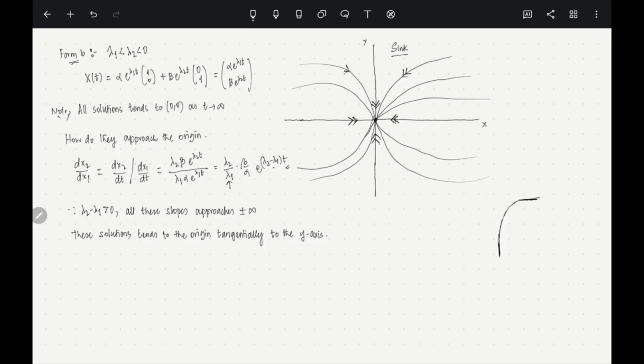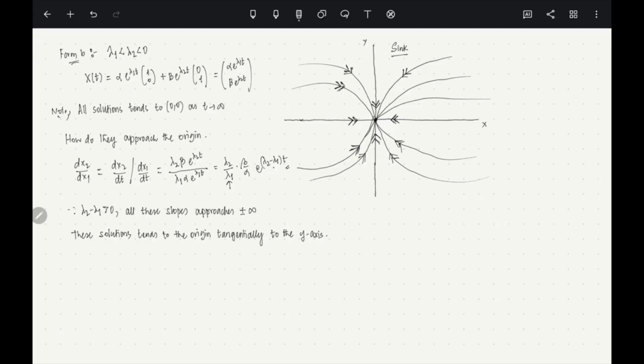Everything is going towards the origin. So the arrow looks like this. I hope the idea is clear here, what is happening. Okay, see, this and this. Is it okay? The picture is not very pretty, but you do realize what's happening here. Okay, so that's the idea.